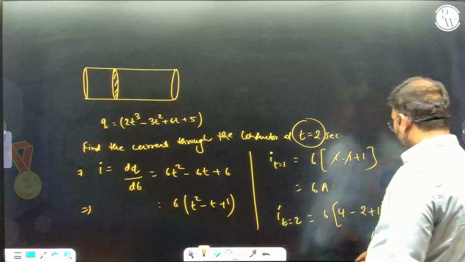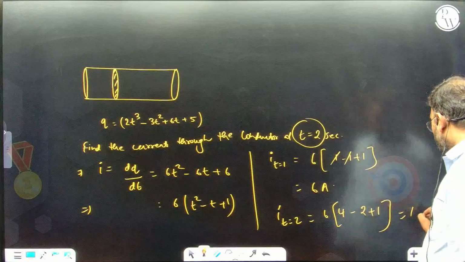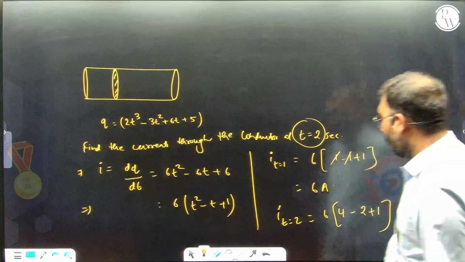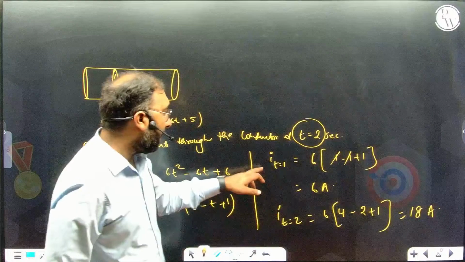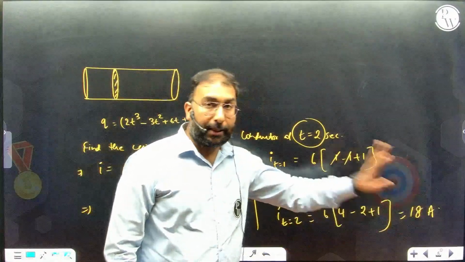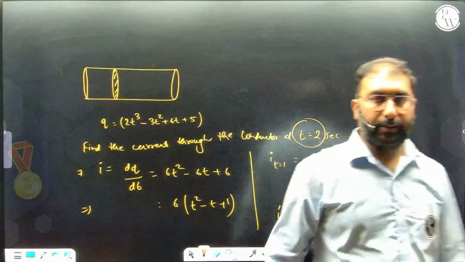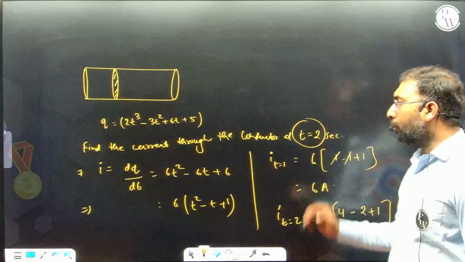So 4 plus 1, 5 minus 2 is 3. 3 into 6 is 18. So this is 18 ampere. So you can see that the current at t equals 1 second is 6 ampere, but the current at t equals 2 seconds is 18 ampere. So the current is increasing.